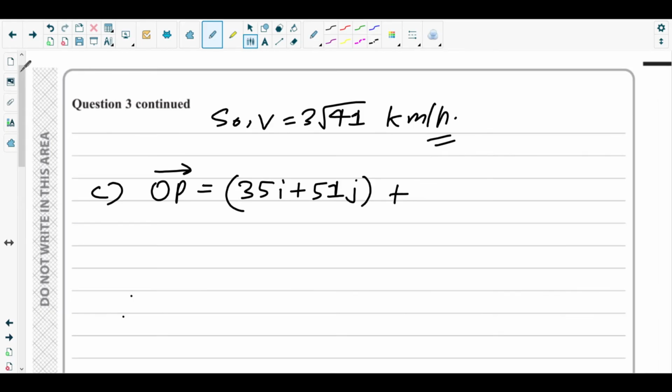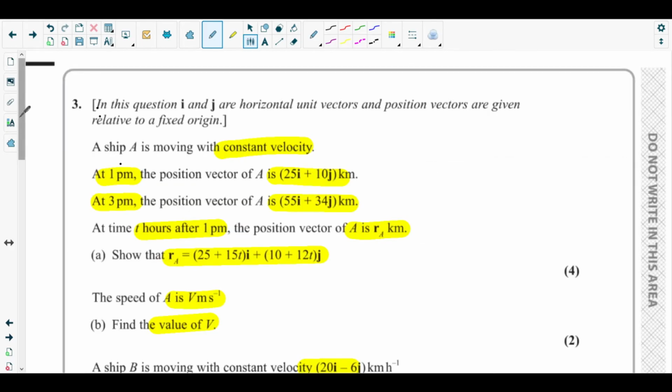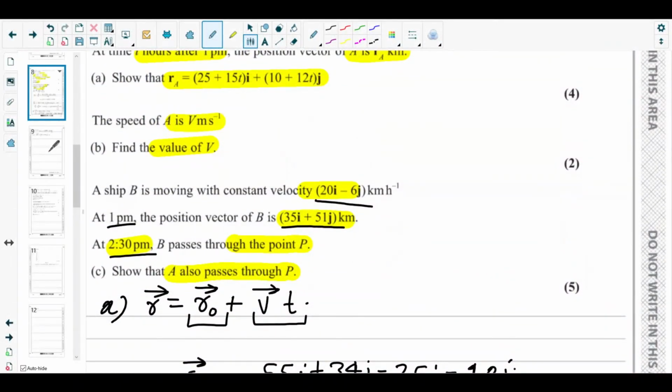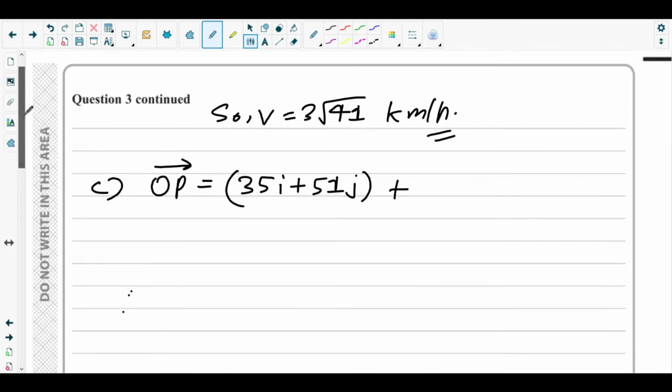Plus the velocity. The velocity vector is 20i minus 6j, times 1.5. 2:30 p.m. is 1.5 hours, that is 3 over 2.